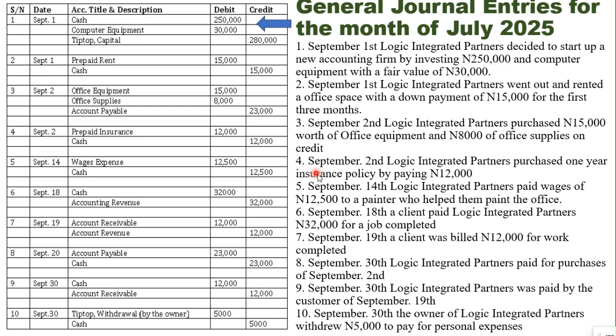September 2nd, Logic Integrated Partners purchased a 1 year insurance policy by paying 12,000 naira. So this is also a purchase. In this case, they also collected the money from the cash account. Now we're going to create an account for the insurance policy.